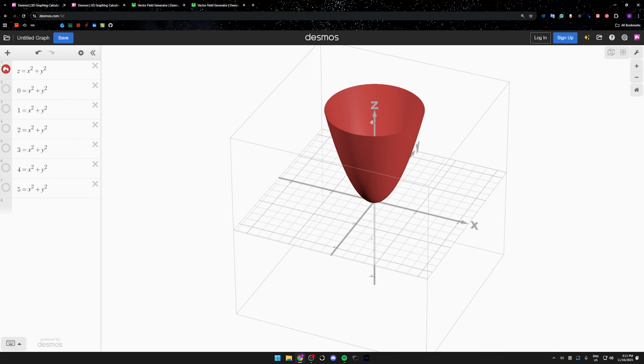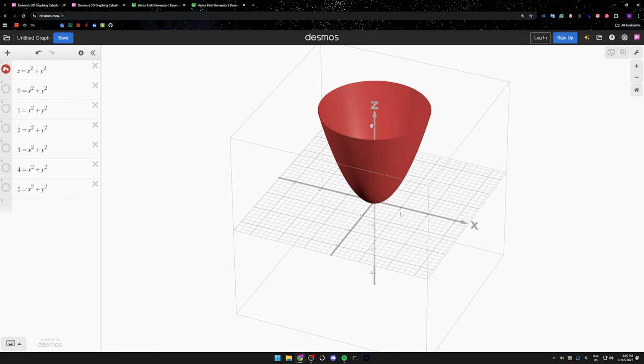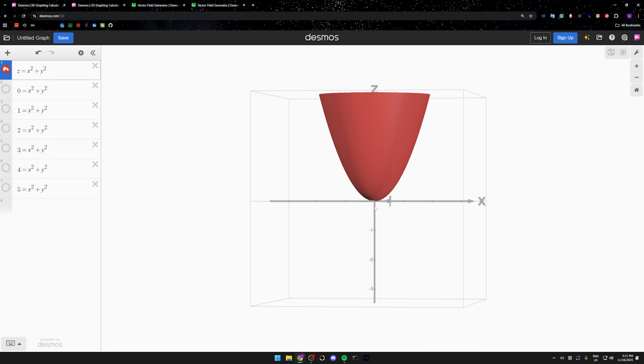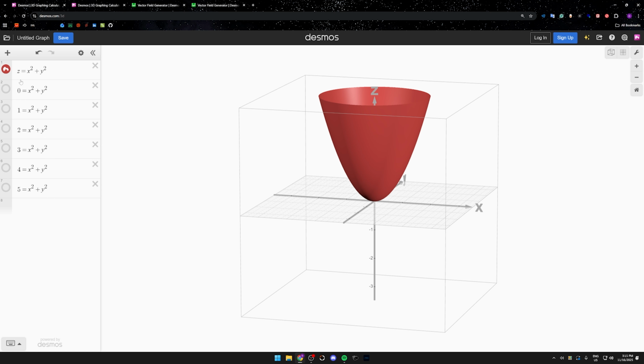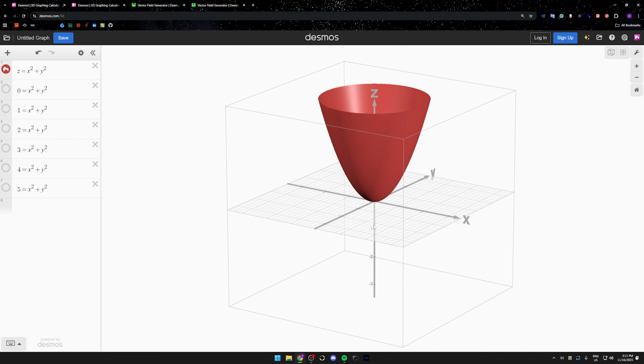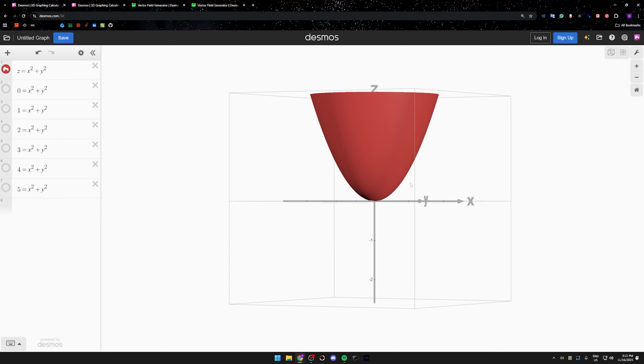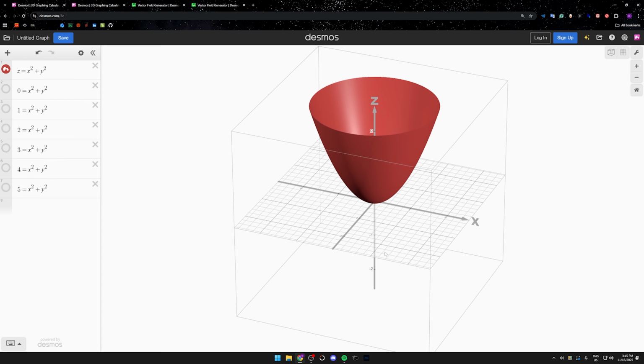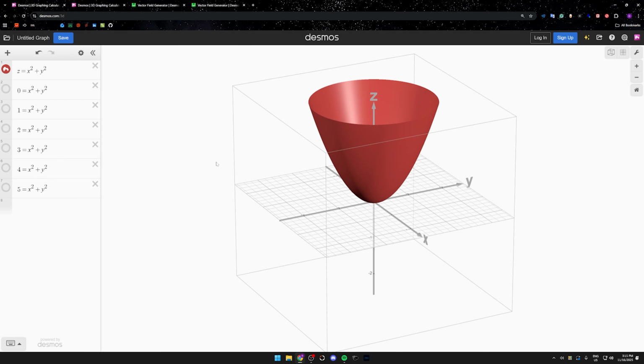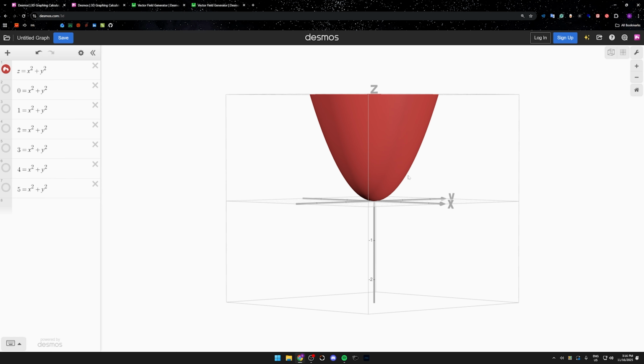So when our x is 0 and y is 0, we get our z 0. It's right here. As they get bigger, for example, at 1, 1, our x is 1, our y is 1, our z is 2. And then at, for example, x equals 2 and y equals 2, 2 squared plus 2 squared, that's 8. So our z is now 8.